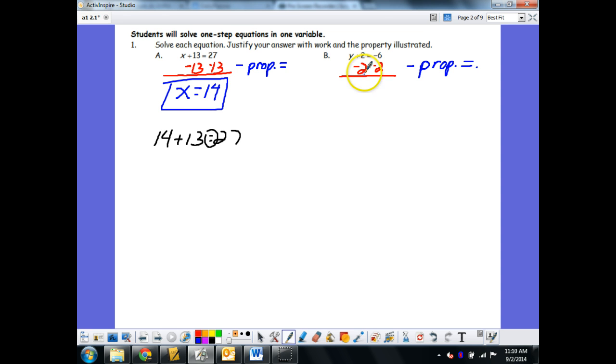So then, when we do that, again, just doing the arithmetic, the 2's cancel. Negative 6 minus 2 is in fact negative 8. And again, you can check to see if that is correct. Plugging negative 8 in for the y, and negative 8 plus 2 is in fact negative 6, so we know that is the right answer.